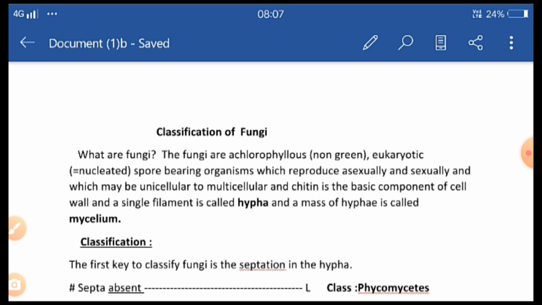So there are so many criteria or keys for the classification of fungi.